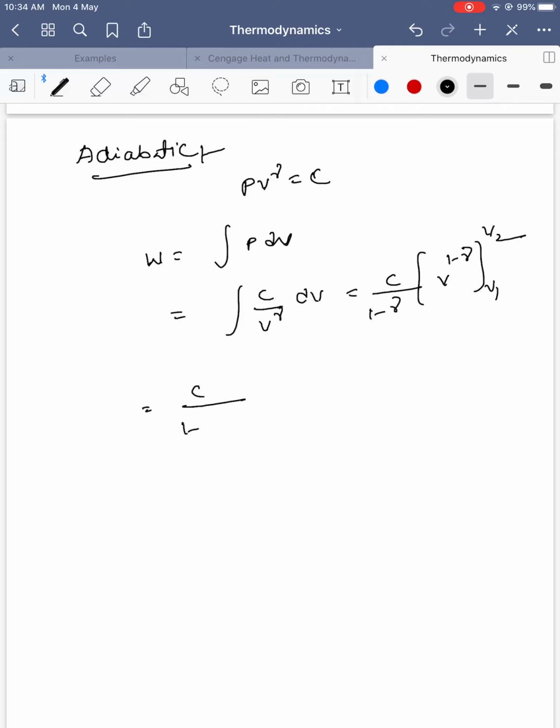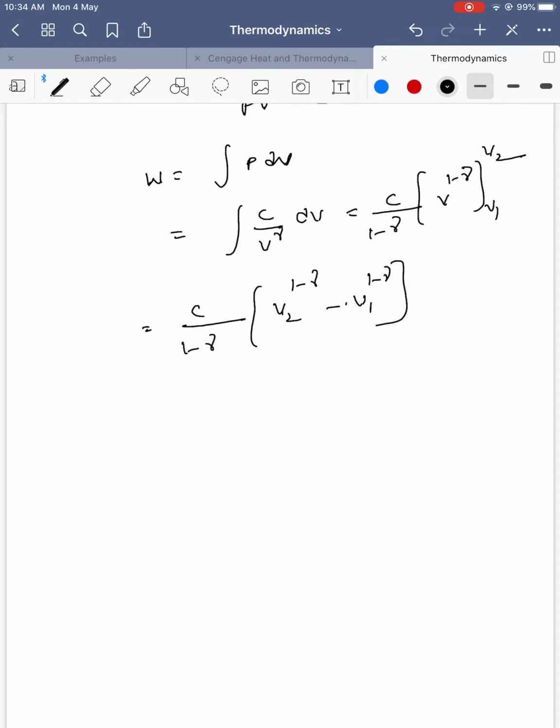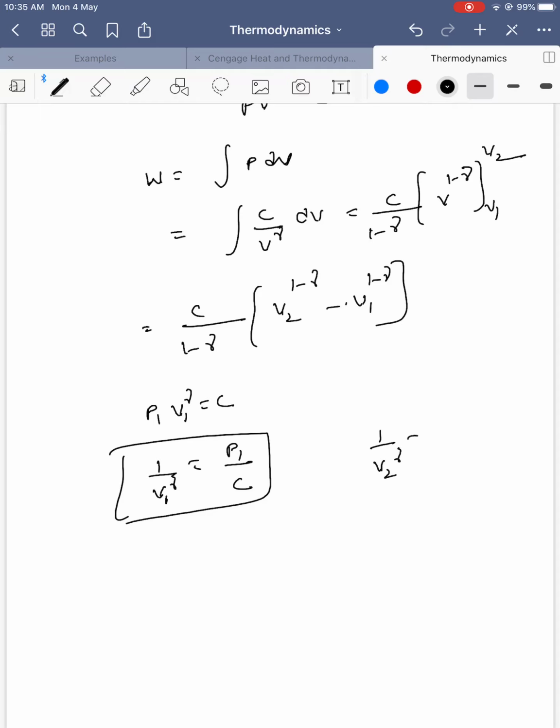C by 1 minus gamma, V2 to the power 1 minus gamma minus V1 to the power 1 minus gamma. Since P1 V1 to the power gamma is equal to constant, I can write 1 by V1 to the power gamma is equal to P1 by C. Sending it to the other side, 1 by V2 to the power gamma is nothing but P2 by C. So in the first expression we can write V2 times 1 by V2 to the power gamma, and V1 times 1 by V1 to the power gamma.